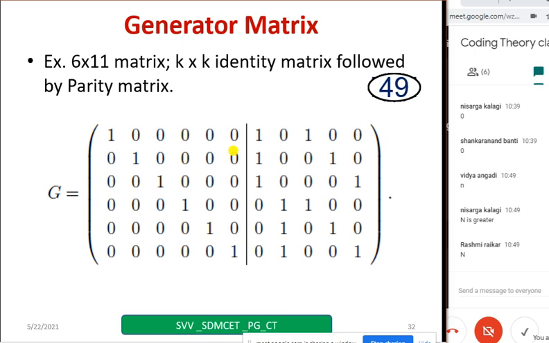Example: a 6 cross 11 matrix, a k by k identity matrix followed by a parity matrix. In this we have a 6 cross 6 identity matrix. Identity matrix means, as all of you know, the diagonal will have 1 and the remaining all will be 0. If it is 3 cross 3, then 1 0 0, 0 1 0, 0 0 1. If it is 4 cross 4, then an extra 0 0 0 1 will come, like that. If it is 7 or 8, again 1s will come in the diagonal.